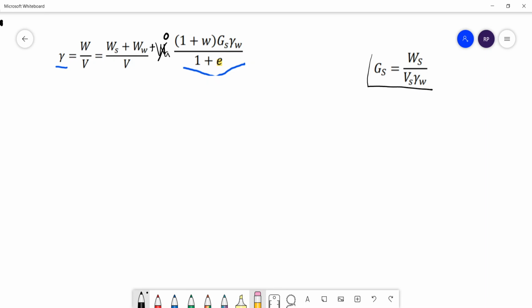So we need to use the equation of your specific gravity, Gs, to eliminate those Ws, Ww, and your total volume. Okay, saan ba natin sa-substitute to? As you can see, meron tayong Ws all over Vs dito. Also, in this equation, we have Ws all over V.